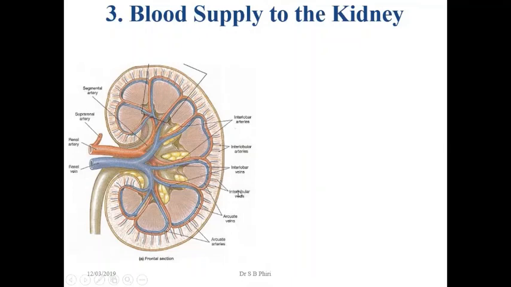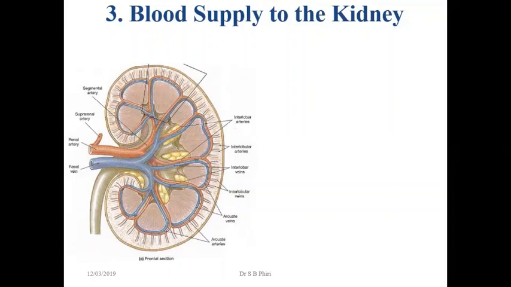The interlobular arteries divide into the afferent arterioles. The afferent arterioles supply the glomerulus. From there, they continue as the efferent arterioles, which divide to form peritubular capillaries. Then they join to form the interlobular veins.